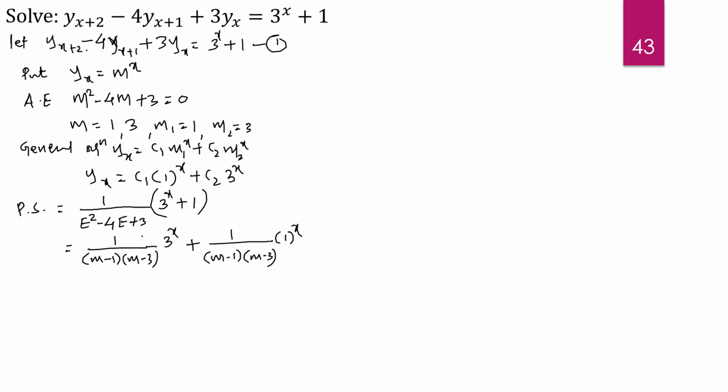We have the property: if the inverse operator operates on a raised to x, then put E is equal to a, provided that phi of a must be non-zero.